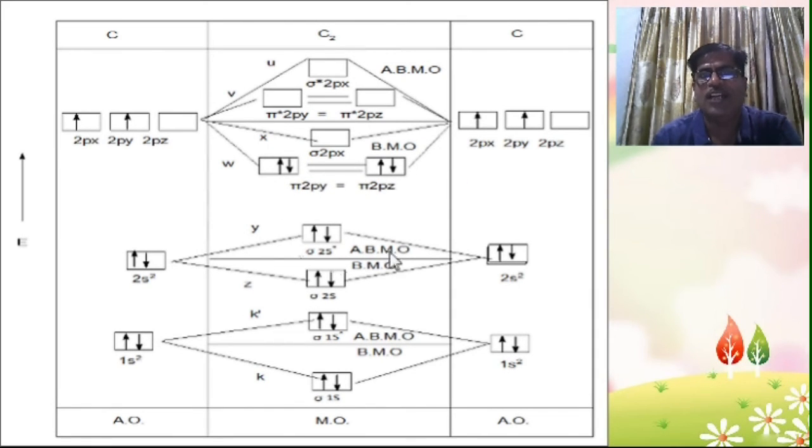In the C2 molecule now all electrons are paired, so no unpaired electrons are seen in the MO of C2. Now what is the order of energy, and how can we calculate the bond order and the magnetic properties of the C2 molecule?